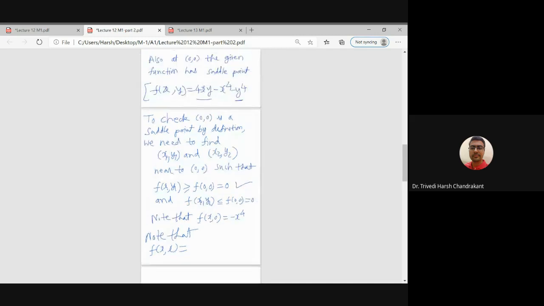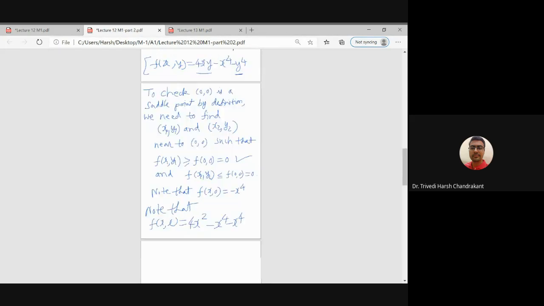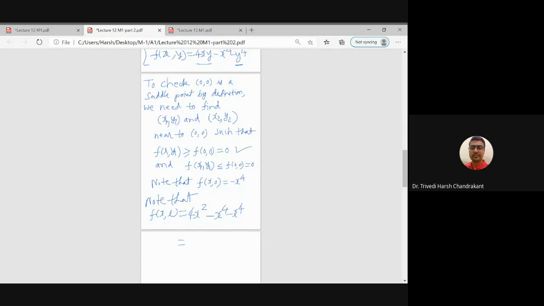That will be 4x^2 - x^4 - x^4, which is 4x^2 - 2x^4.